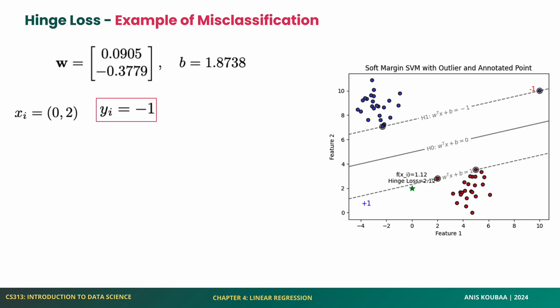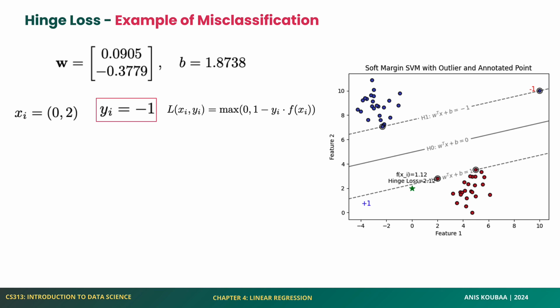So this is the equation of the hinge loss. Given a point xi and its label, I want to calculate the loss as follows: max of 0, 1 minus yi times f(xi). So what is f(xi)?